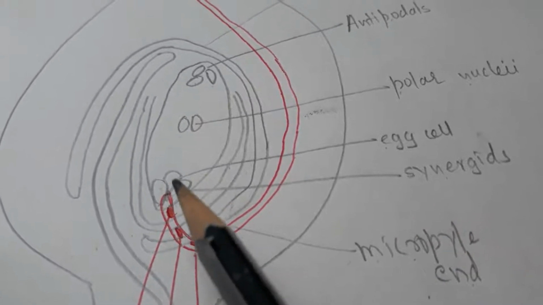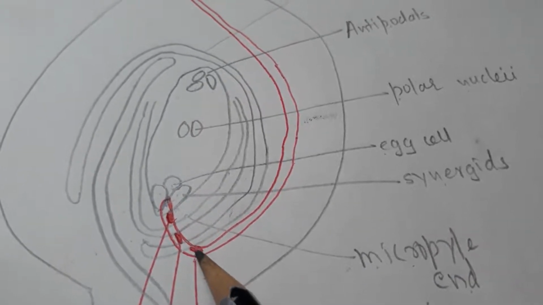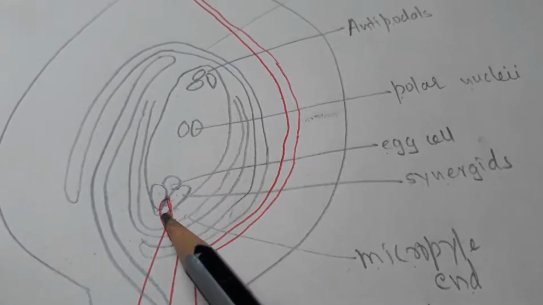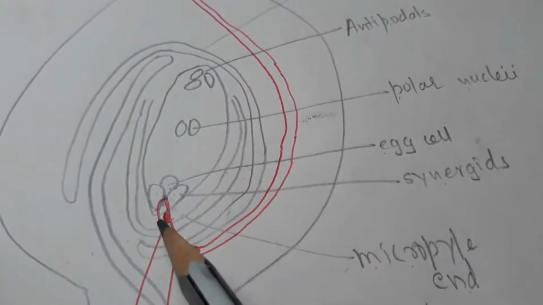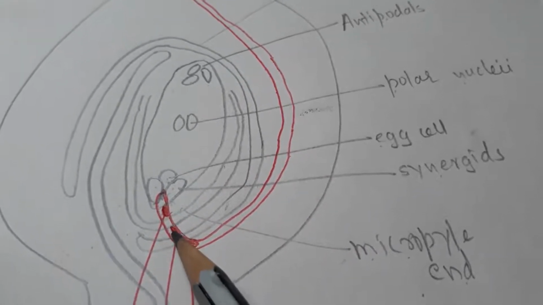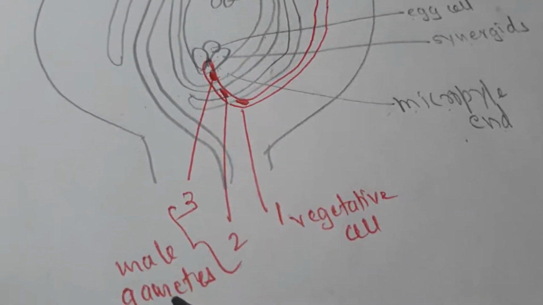Correct? Now I have drawn these 3 nuclei inside. You remember the vegetative cell and the generative cell. So the generative cell has divided into 2. Those 2 are known as the male gametes.